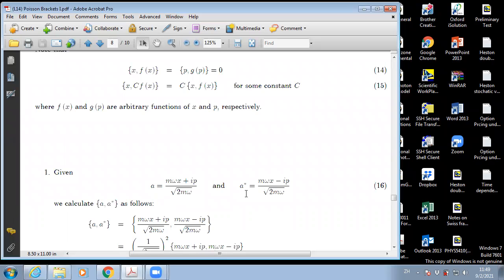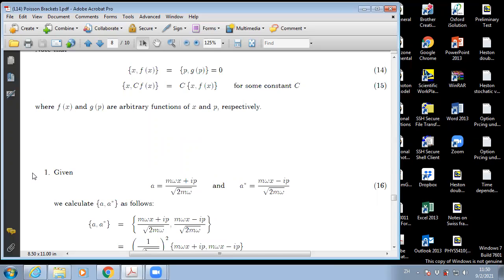For example, a and a star. Once we know x(t) and p(t), we know a(t) and a star(t), right? However, you might ask, is it possible to determine a(t) and a star(t) without going through the previous procedures, i.e. determining x(t) and p(t) first?